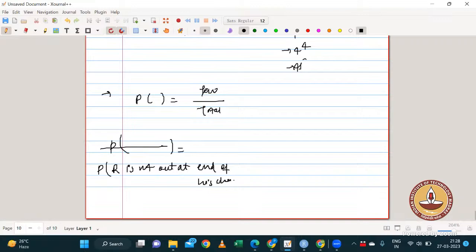This is the probability I'm interested in. So I have to consider he is not out for all the cases: not out in the first, not out in the second, like that. We have to consider all the cases. This is the total case. Favorable is the end of the chance, meaning the fifth case, when he wins the game in all the 5 chances.